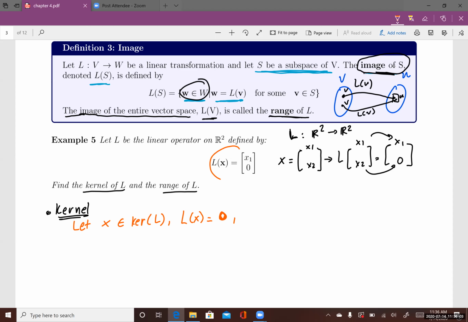Also, by the description of the transformation, L(x) equals (x1, 0). You can rewrite the zero vector as (0, 0), and x is (x1, x2).